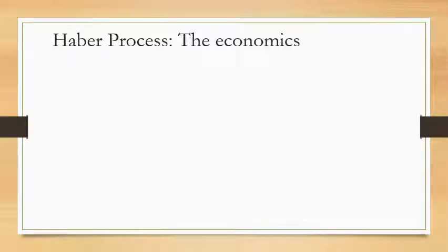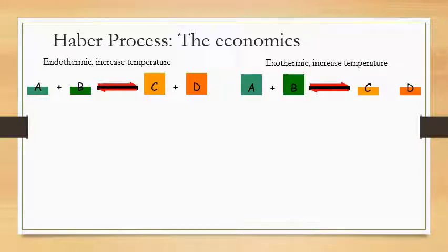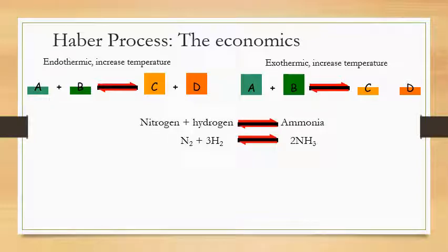So let's now look at the economics of the Haber process and why you have these particular conditions. Now remember, if it's an endothermic process, you increase the temperature, you get more products. And if it's an exothermic process, then you increase the temperature, you get increased reactants, which is kind of not what we want. Looking at this particular reaction of nitrogen plus hydrogen giving ammonia, you might think that it's actually an endothermic process, because remember, one of the process parameters is 450 degrees Celsius, which is pretty hot.